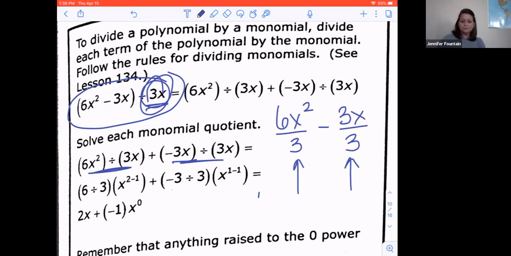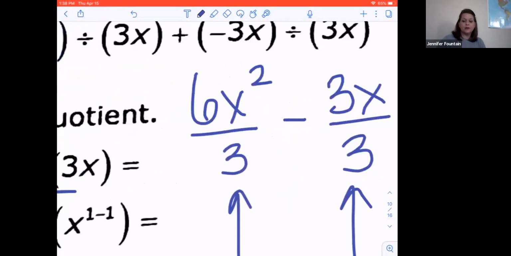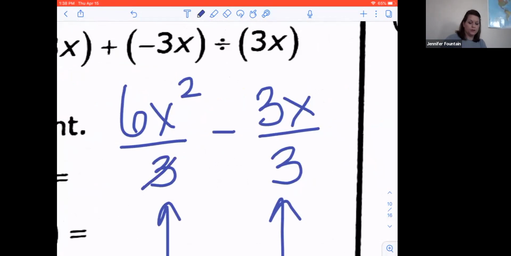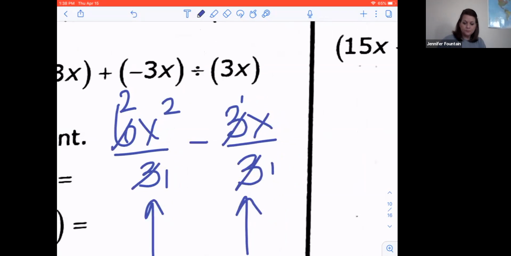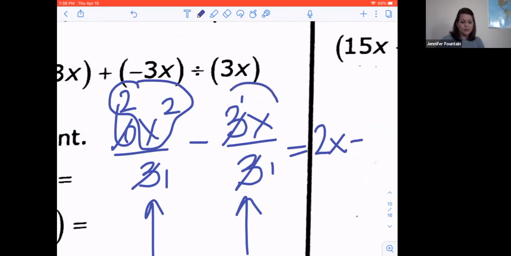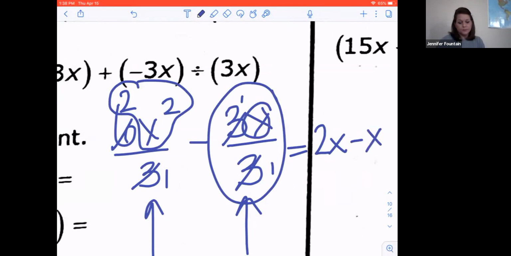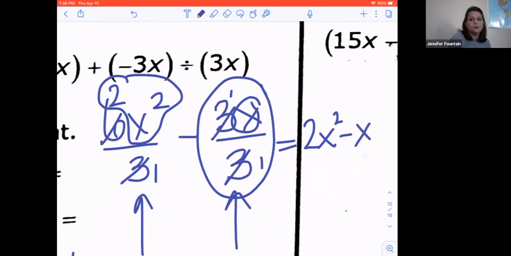Now I can see, 6 divided by 3 is 2, so I'm able to cancel that. 3 divided by 3 is just 1. So now I've got 2x squared minus, now notice everything canceled here and all that I have left is this x. So I have 2x squared minus x is my final answer. Okay.